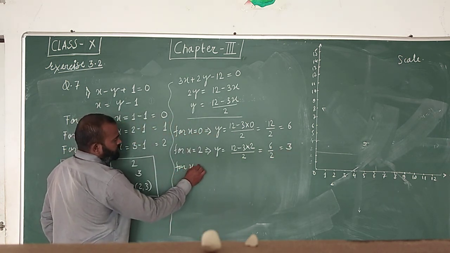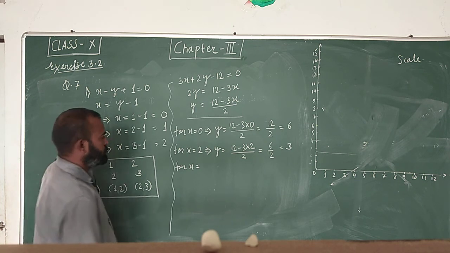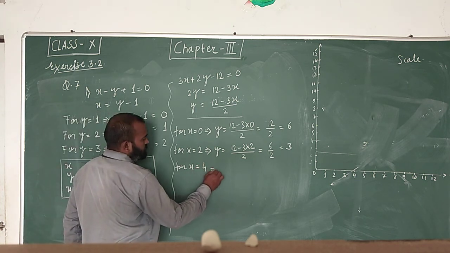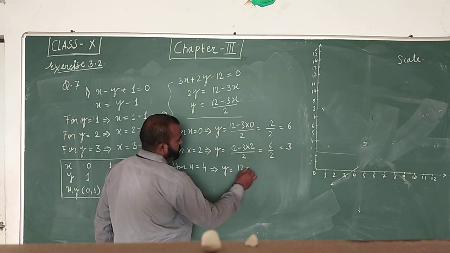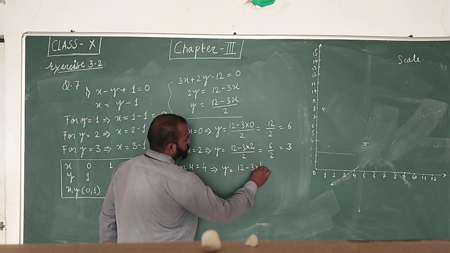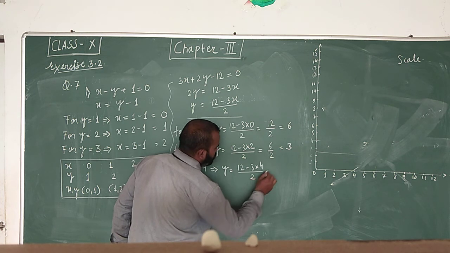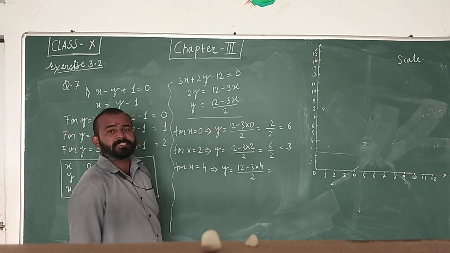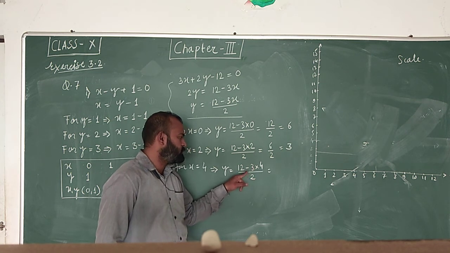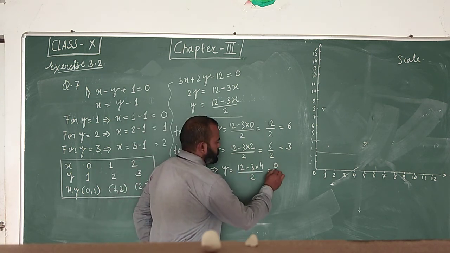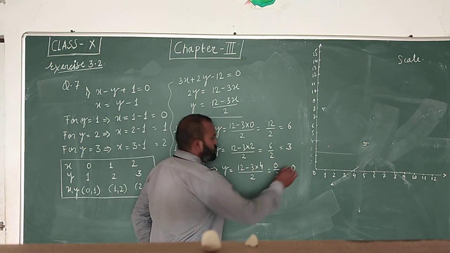For x is equals to 4, I will put, what will you get? 12 minus 3 into 4 upon 2. 3 4s are 12. 12 minus 12 is 0. 0 divided by any number is 0 itself.